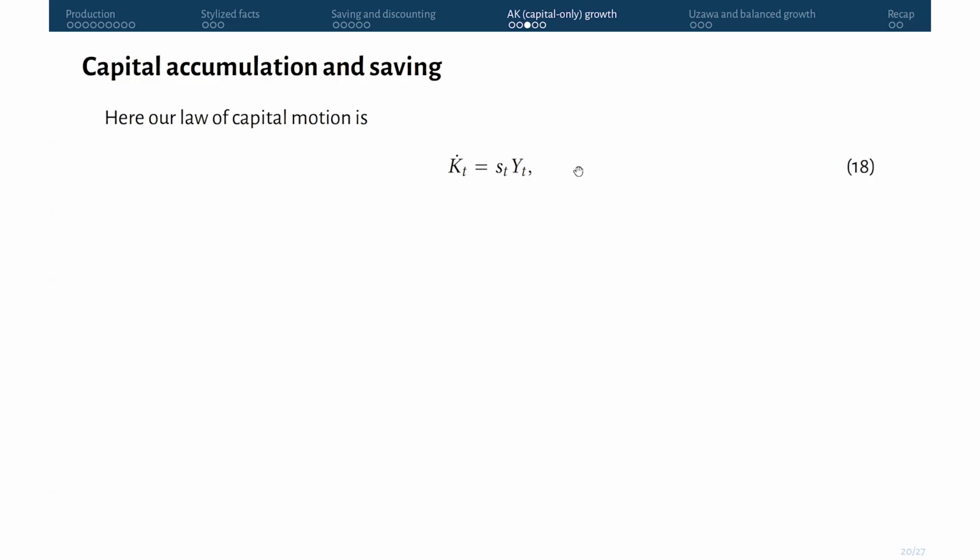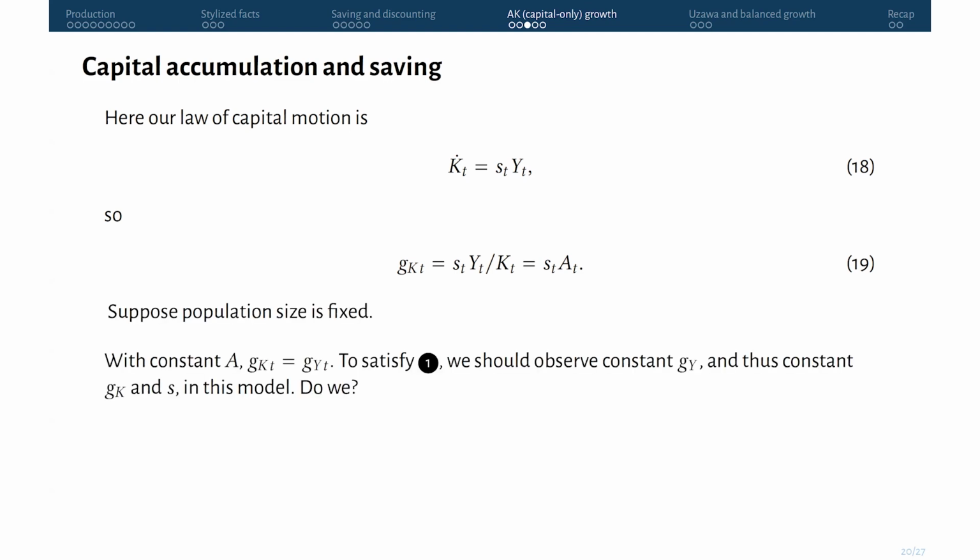Because we're incorporating depreciation into that A term. So how much more capital we pile up this year is just the fraction of output that we save. And dividing both sides by K, we get that the growth rate of capital is just the savings rate times A. Now, suppose the population size is fixed, meaning that output per person is growing at the same rate as output and so on.